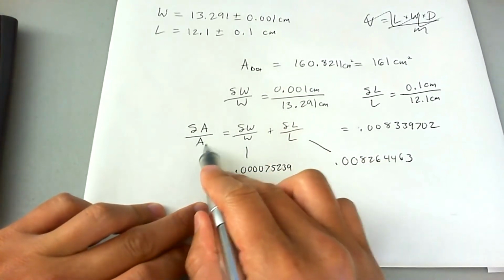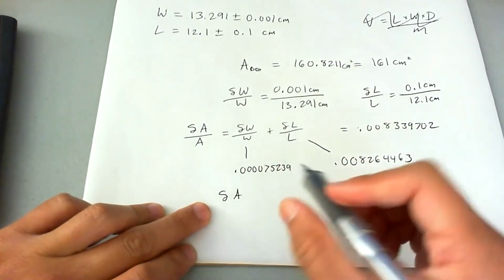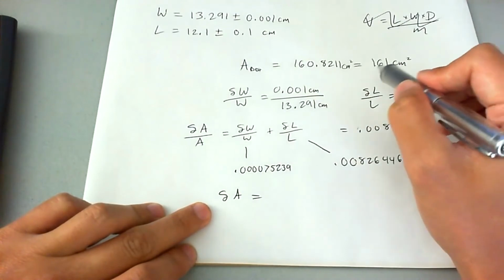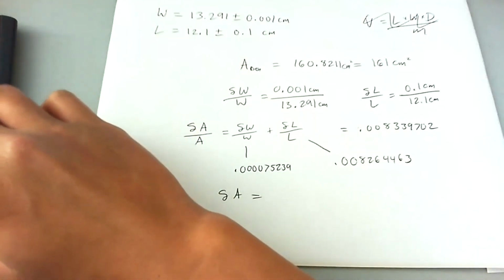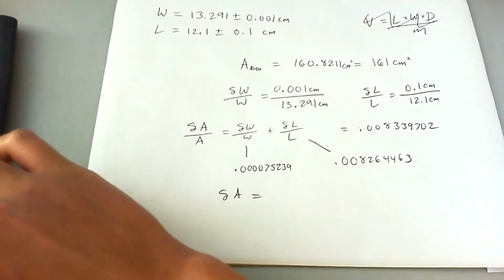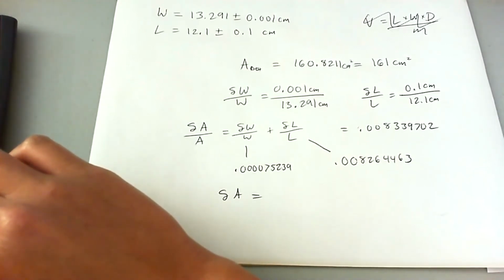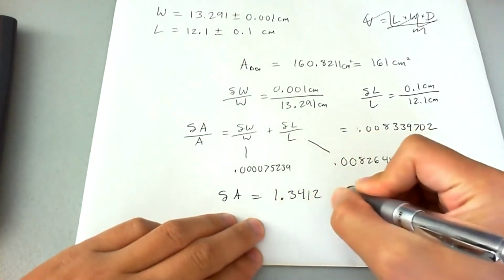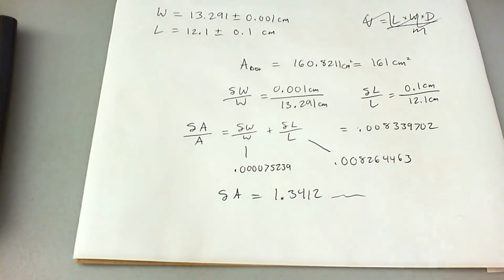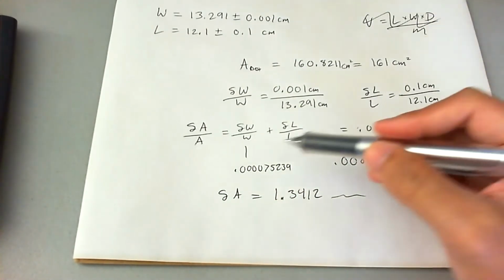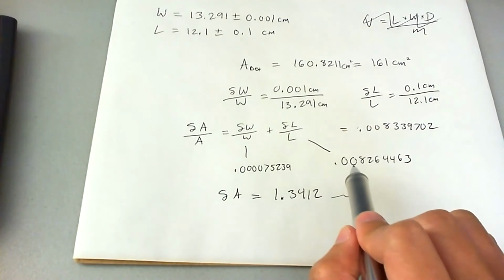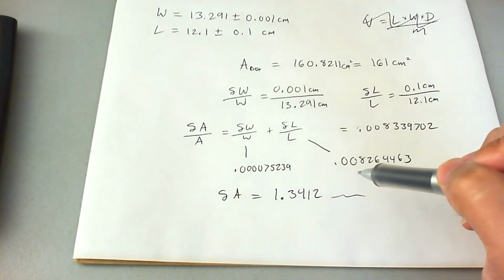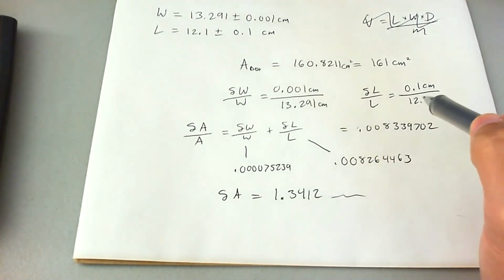Now the last step is to find the uncertainty for area by itself. So you multiply both sides by the actual area. Let's multiply it by the area that came from the calculator, not the reduced version. Multiplying this value by the area of 160.8211 gives 1.3412, and so forth. Since we're taking the addition of two values which came from multiplication, finding the number of sig figs needed is a little more difficult.